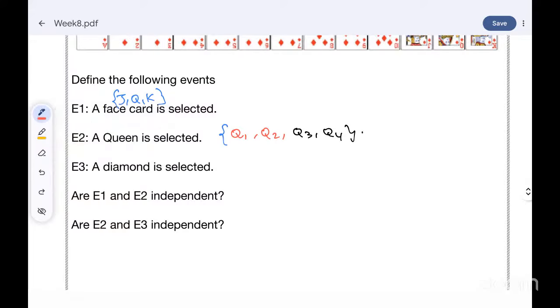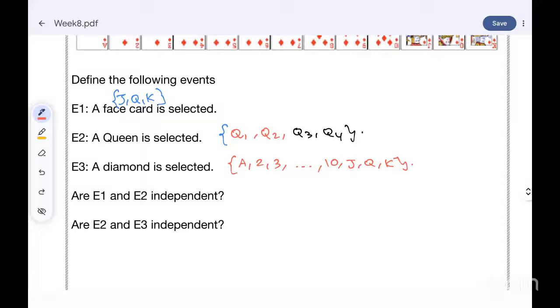There are 13, right? Starting from A, and then you have 2, 3, up to 10, and then J, Q, K. So you have 13 cards. All right. So now the question is, are E1 and E2 independent? Are E2 and E3 independent? So what is your answer?